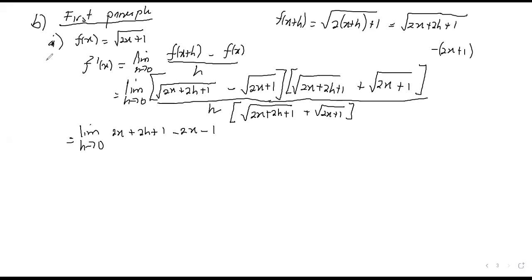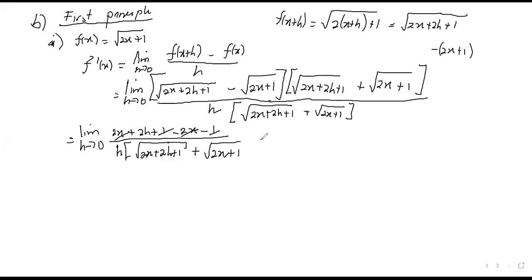The denominator remains the way it is: h times the root of 2x plus 2h plus 1 plus the root of 2x plus 1.